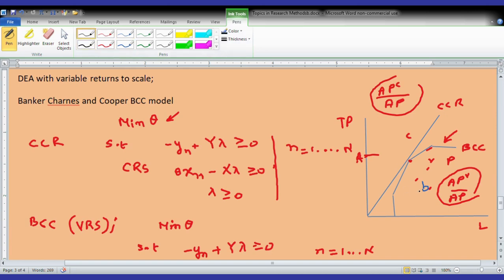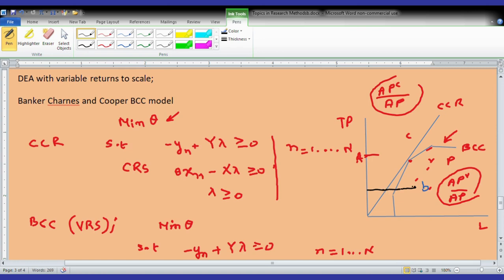So let's suppose this is your point B, and we want to ask what the efficiency score is for this point, because it is not on the efficiency frontier, so it is not technically efficient.